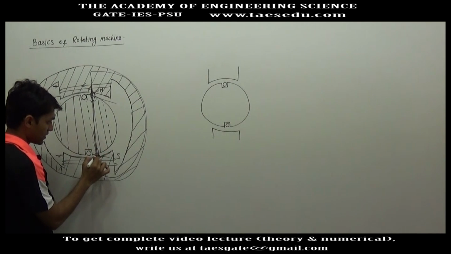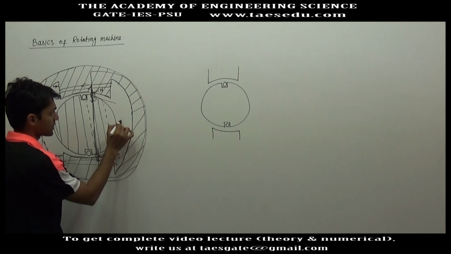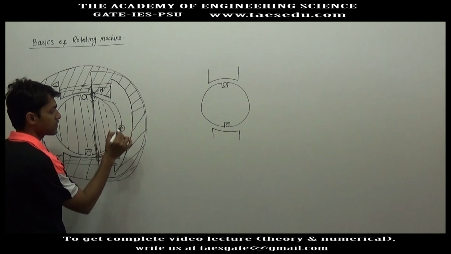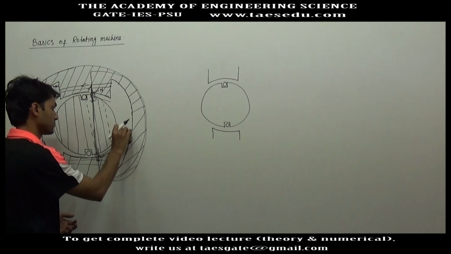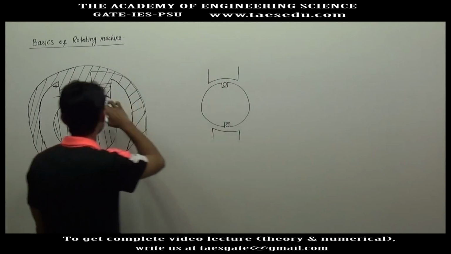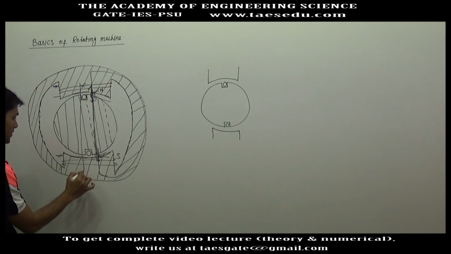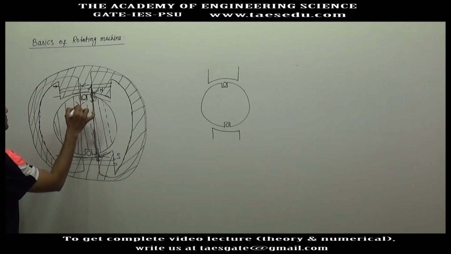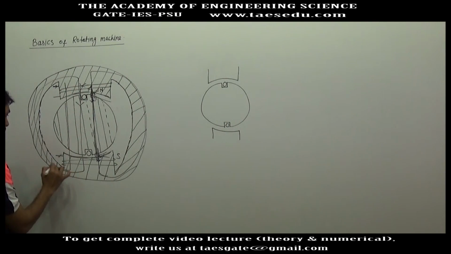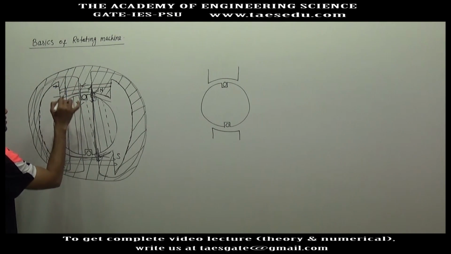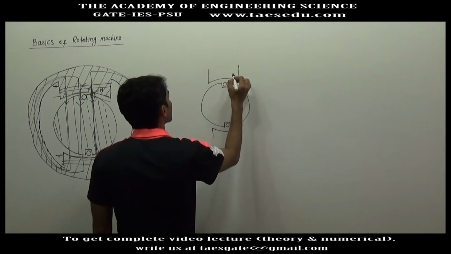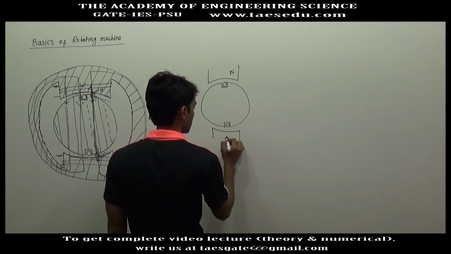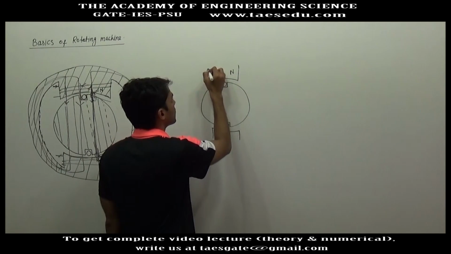Even if it tries to flow through the air gap, the reluctance of the air gap is very high, so the strength of flux of this line will be very less and can be neglected. So the magnetic field lines will be like this. Here also we'll have this kind of line of magnetic field. This will act as a north pole, this will act as a south pole.